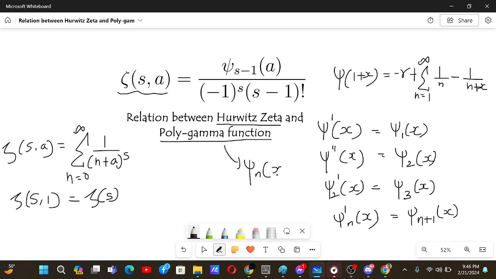Okay, and this is defined from this functional equation for all n's, and for 0 this is defined from this equation itself.